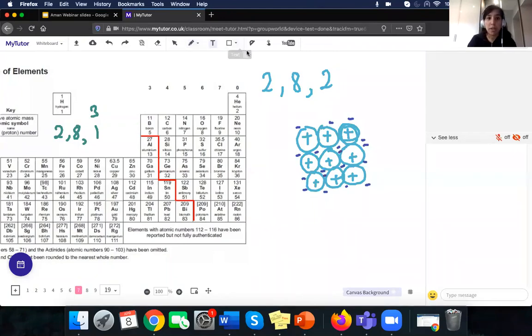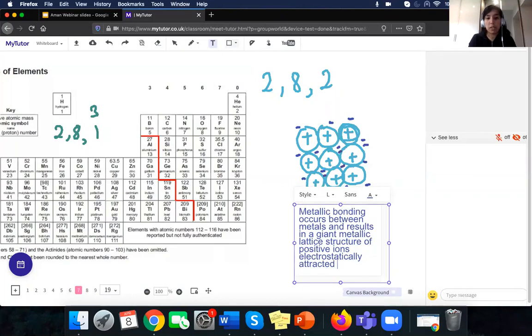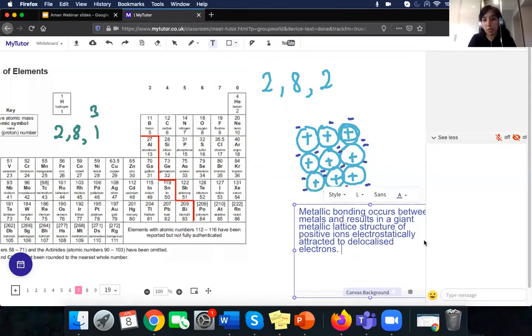So if you want me to write that down for you, metallic bonding occurs in metals or between metals, and results in a giant metallic lattice structure of positive ions electrostatically attracted to delocalized electrons. Okay, so that would be the definition of metallic bonding there.